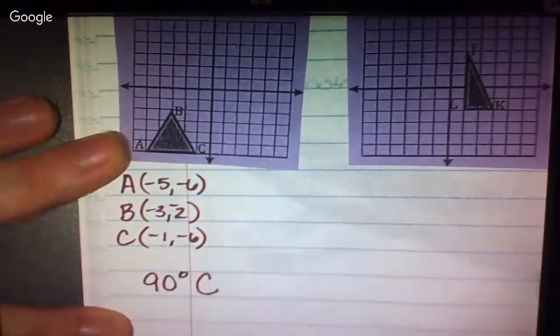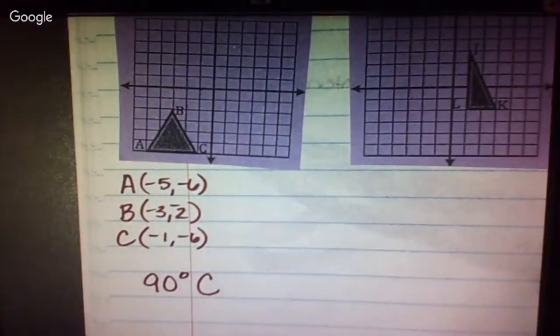So let's do a 90-degree clockwise. When I'm trying to come up with the new points, anytime I tell you 90 degrees or 270, you automatically take your numbers. Don't even worry about where the signs are right now. Take your numbers and switch their places.